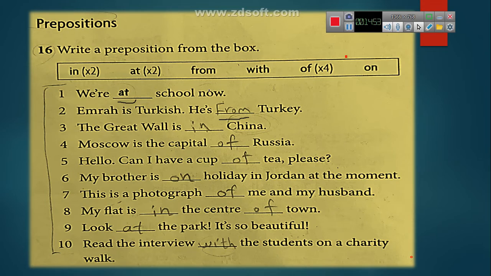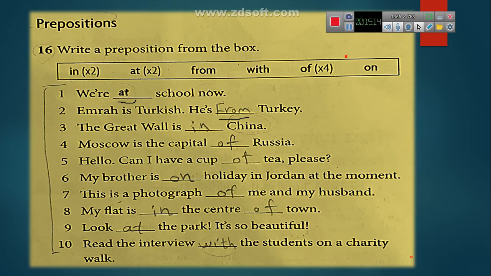For example, it's used to express the beginning of a specific time or period. For example, I live in Maysan from 1995 to 2000s.